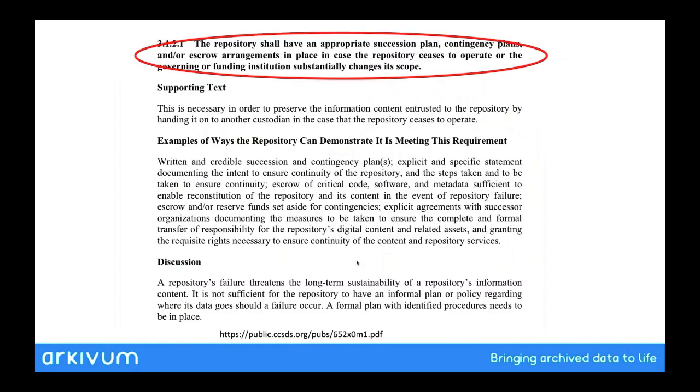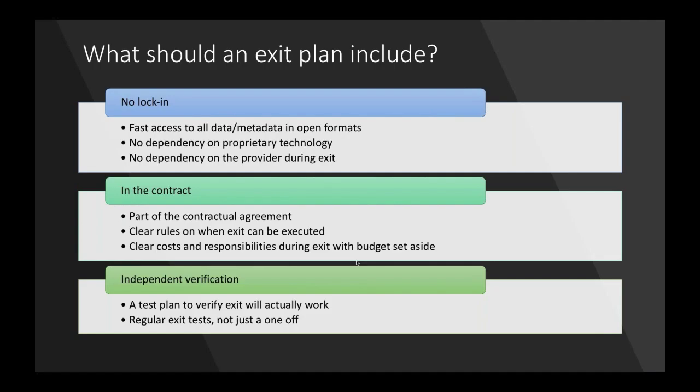It's part of ISO 16363 in terms of escrow and succession planning and budgeting for all those things, including exit. So it's just an important thing to include when considering cloud storage instead of or in addition to in-house solutions.